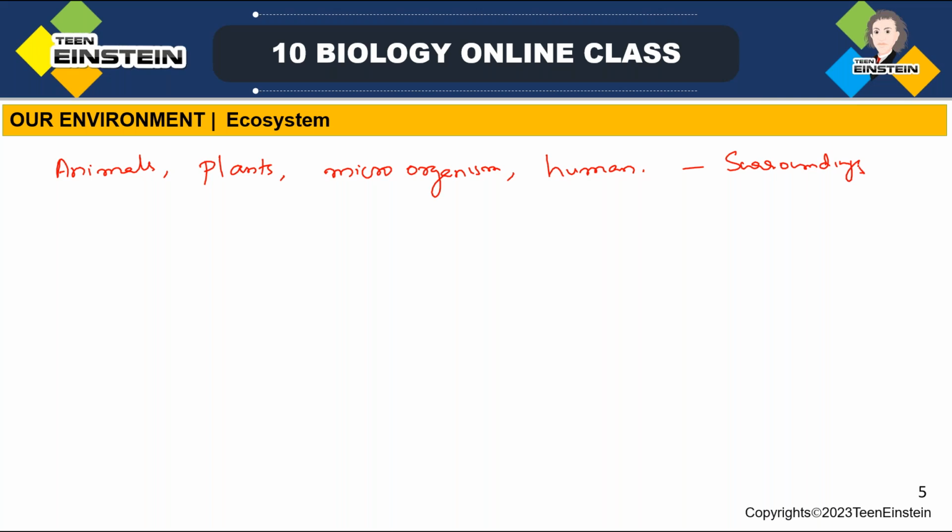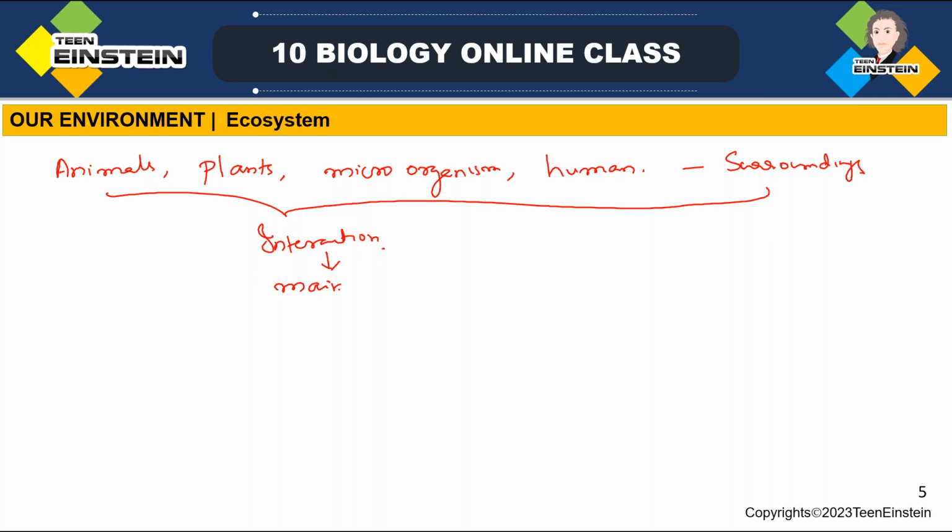Animals and plants, microorganisms, humans, and the surroundings of all these, they're interacting with each other. And not only that, they are maintaining a balanced interaction.